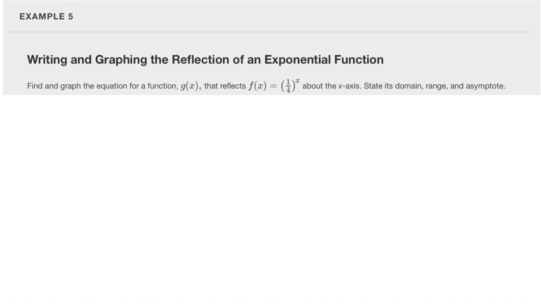Okay. So if we're going to flip it vertically, that means we need to do an outside manipulation. We want our y values to go from positive to negative. So then our function g is going to take the form negative parentheses 1/4 to the power of x. So that's going to flip the original function vertically over the x-axis.